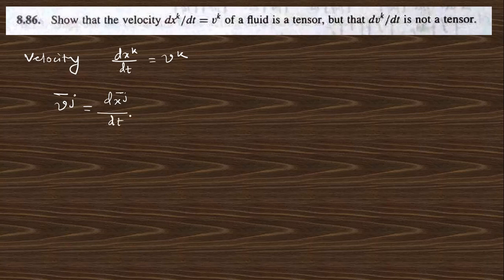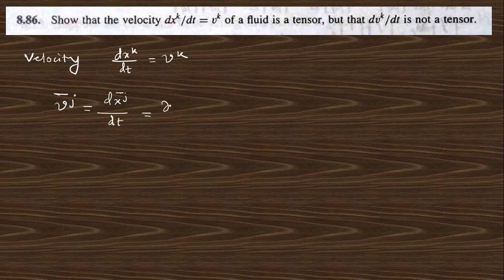Next, show that the velocity of a fluid is a tensor, but this is not a tensor. So velocity: d x k d t equals v k, right? So if you change the vector form to another v j, so this is x j in that system.